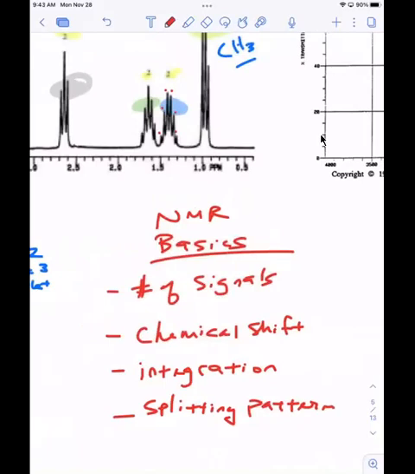Chemical shift tells me their location, upfield or downfield. Integration tells me how many protons the signal is representing. And then the splitting pattern tells me the connectivity, what it's next door to, how many neighboring protons are around it.